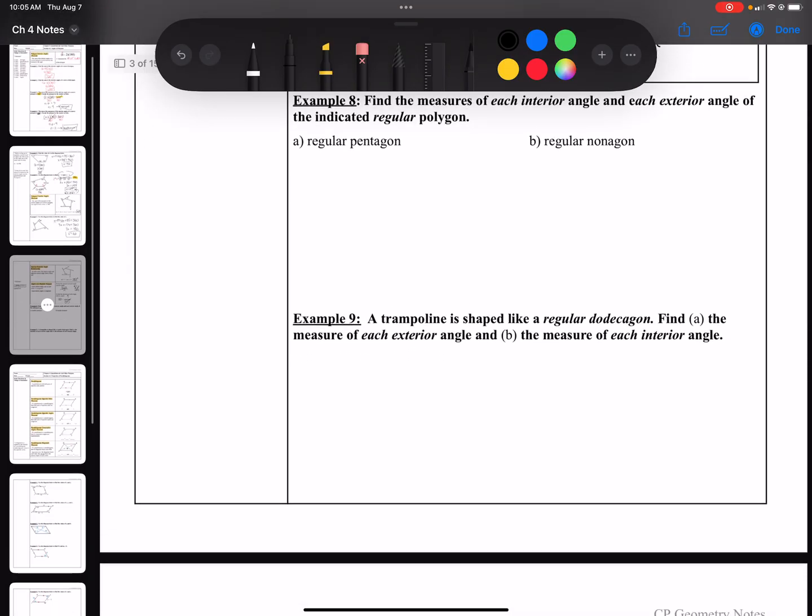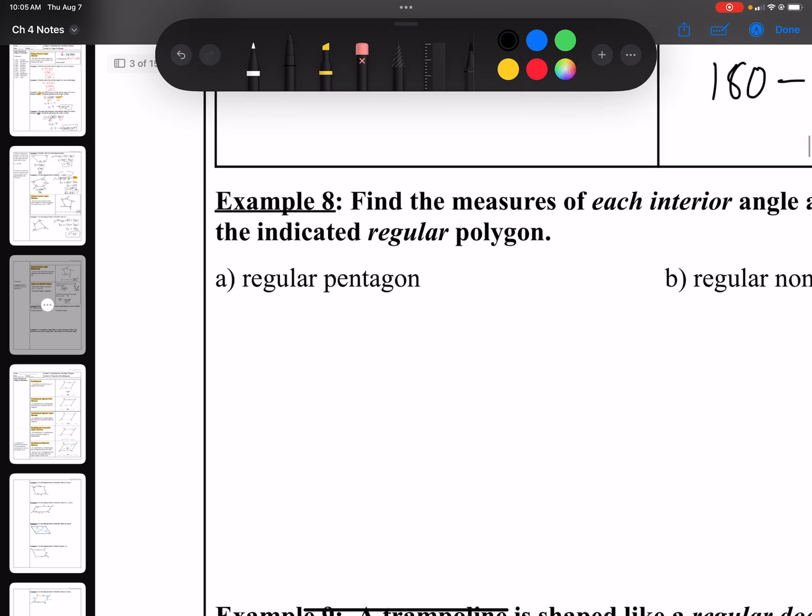Okay, well, we can do that. A regular pentagon has how many sides? 5 sides. So let's start off with the exterior angles. Each single exterior angle will be 360 divided by the number of sides. So all you need to do is 360 divided by 5, and you get that each exterior angle has a measure of 72 degrees.